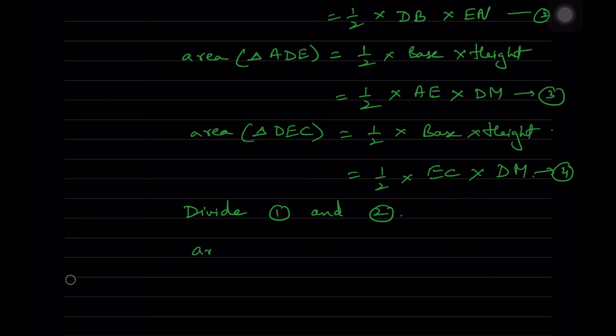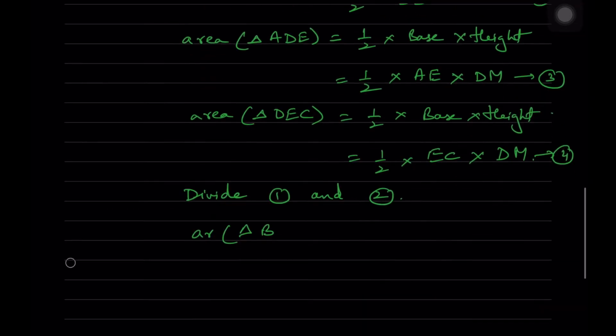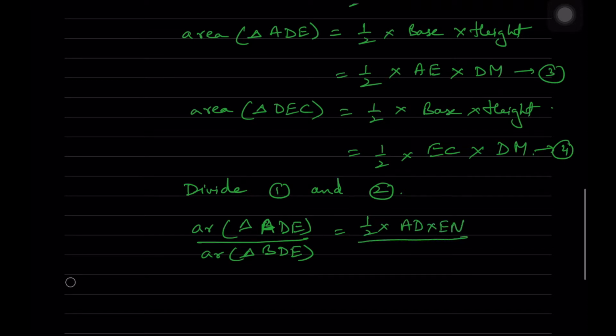Area of triangle ADE divided by area of triangle BDE is equal to half into AD into EN divided by half into DB into EN. The half and EN get cancelled, so you are getting AD by DB.